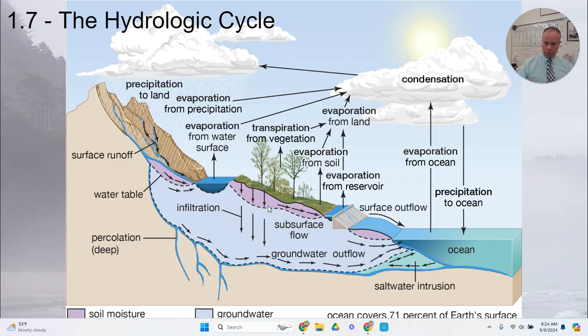This is a cross section, so we're looking into the earth, and we can see below surface level we have these areas where we can store water. This is groundwater. And groundwater can flow underground. The level where that groundwater is called the water table. In some areas the water table is very high and close to the surface. In other parts of the earth it might be much deeper.